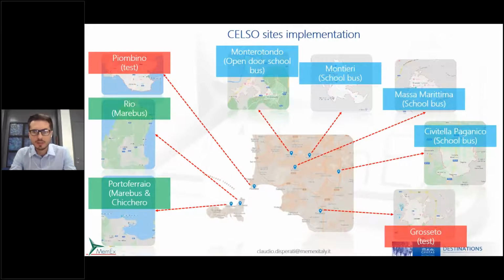To date, CELSO has been implemented in several areas. First of all, we have tested CELSO in the Piombino and Grosseto area on the conventional public transport service, monitoring a selected line. After this step, we have demonstrated CELSO in Rio and Portoferraio, as said before, and at the moment we have implemented CELSO in 4 areas of the south of Tuscany in order to monitor different kinds of school bus service.